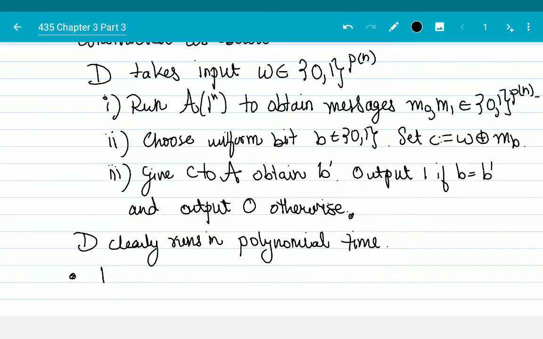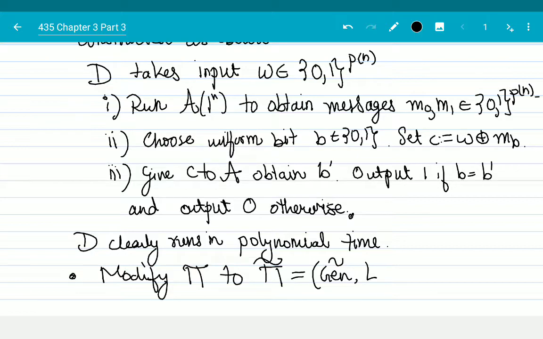So modify pi is equal to pi tilde, and modify pi to pi tilde is equal to generator, encryption, decryption.